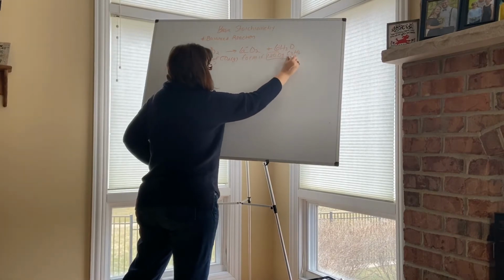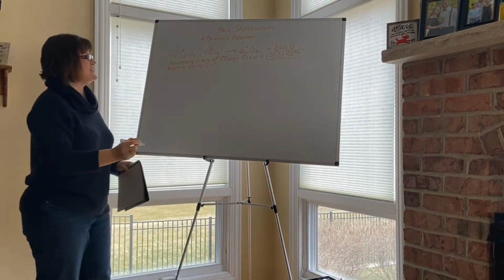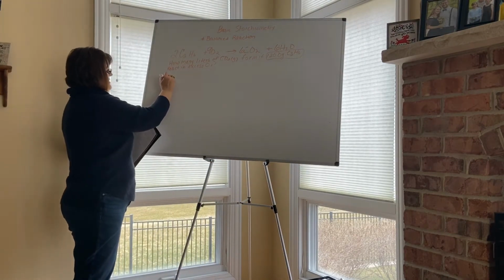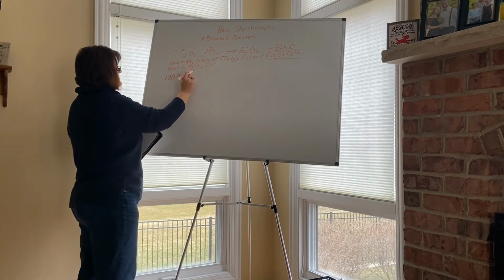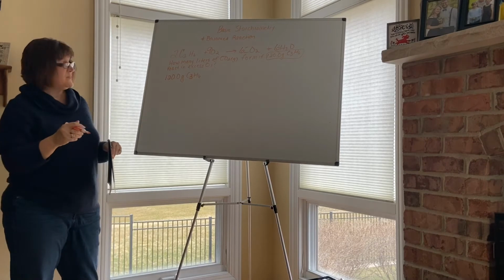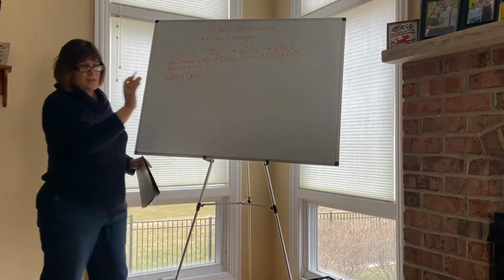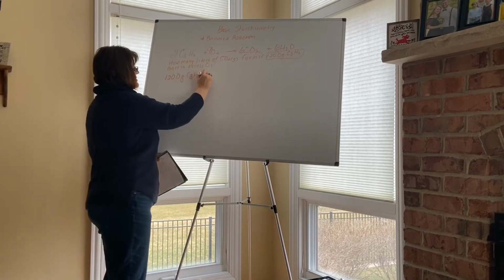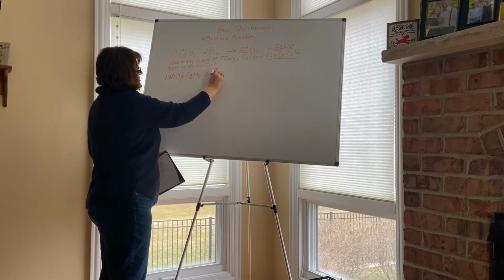Starting material, 120 grams of C3H6. As always, right compound, we need to convert from grams. You have to get it into moles because our balanced equation is based on the mole. Multiplied by the molar conversion.